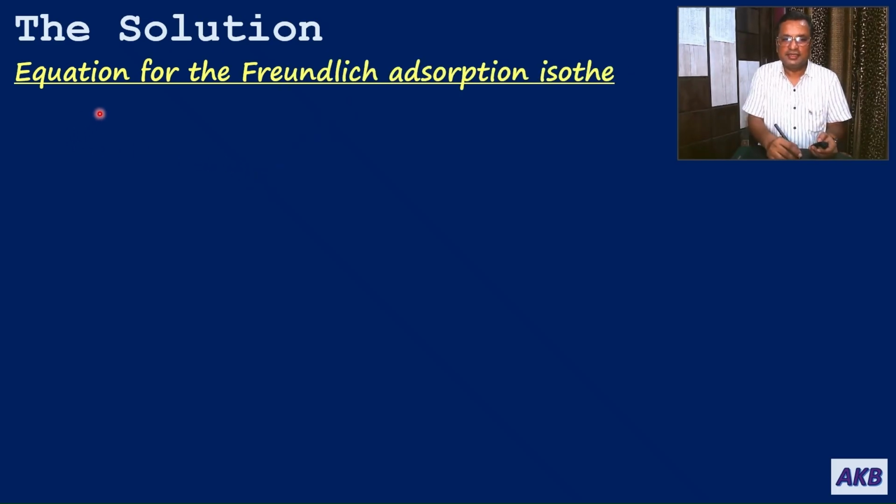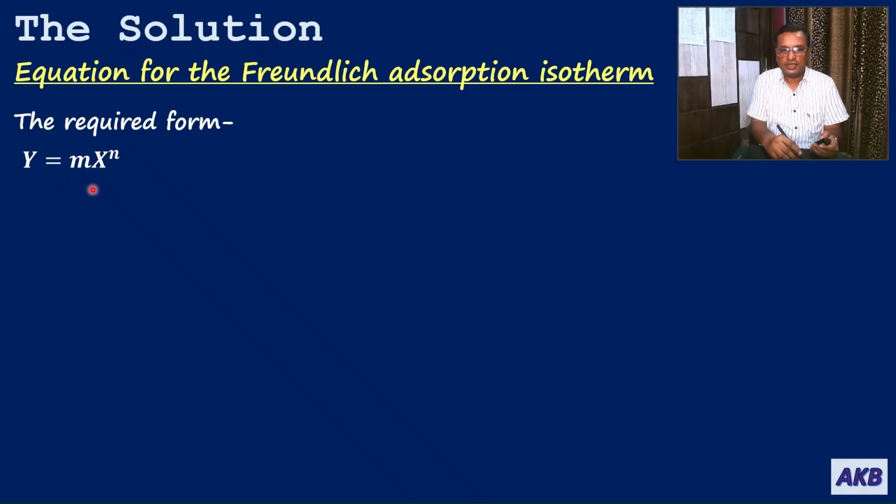We have to get an equation for the Freundlich adsorption isotherm. The required form is capital Y is equal to m into capital X raised to n. So I will put it in a proper form. For that I will take logarithm on both the sides.